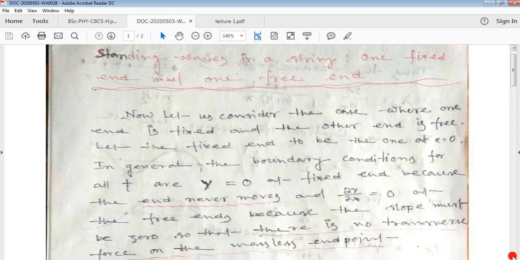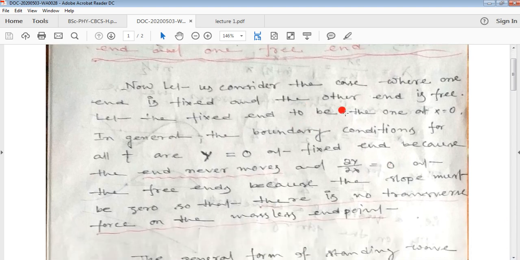Here let us consider a string of length L which is fixed at x equal to 0, meaning the x equal to 0 end is fixed and the other end, that is the x equal to L end, is free.